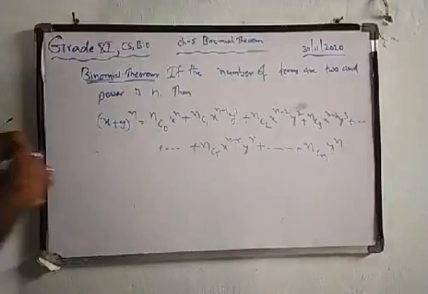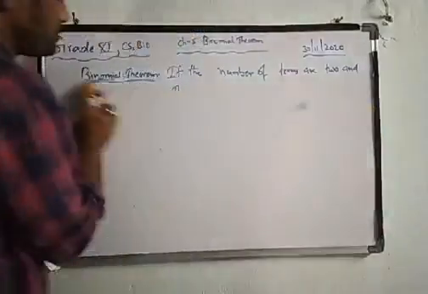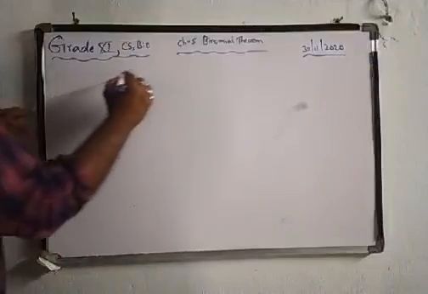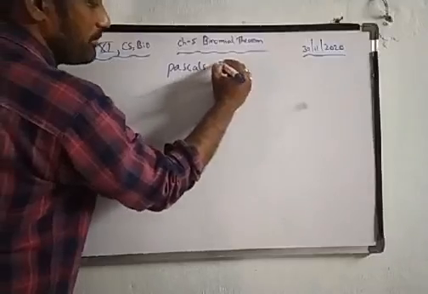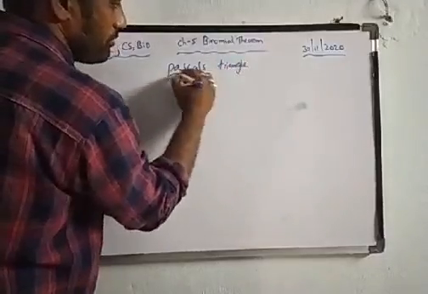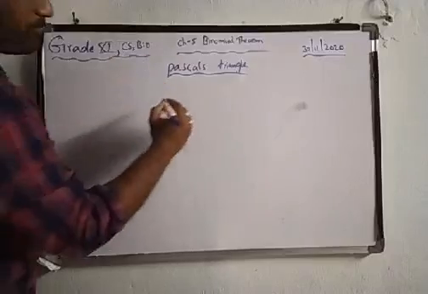Here we can get the coefficients of this binomial theorem by using Pascal's triangle as well. So let us talk about Pascal's triangle. Pascal is the mathematician who introduced how to get the coefficients of the binomial theorem.